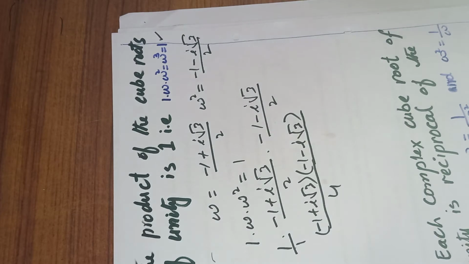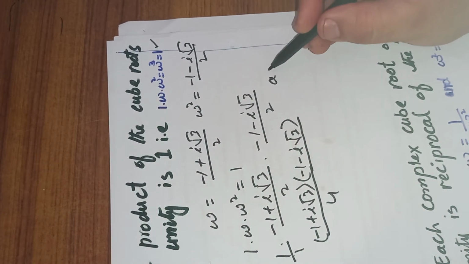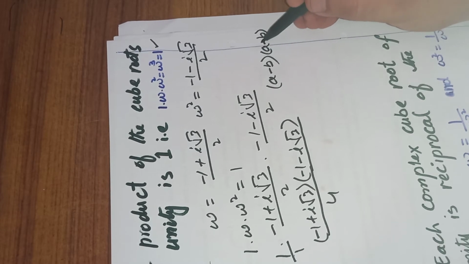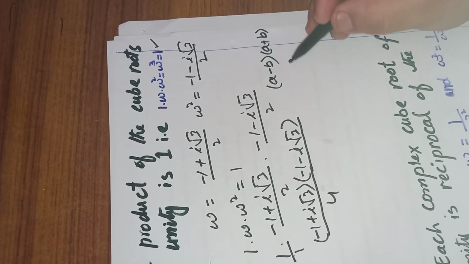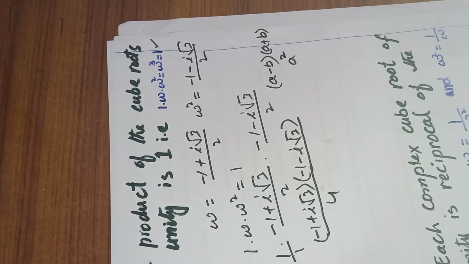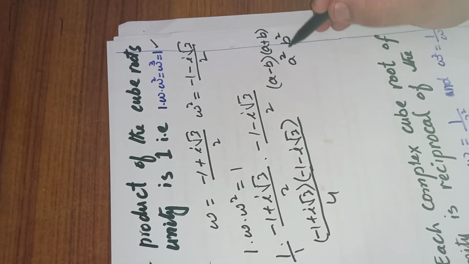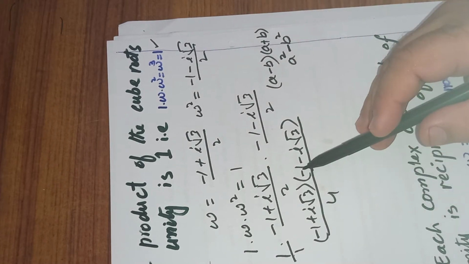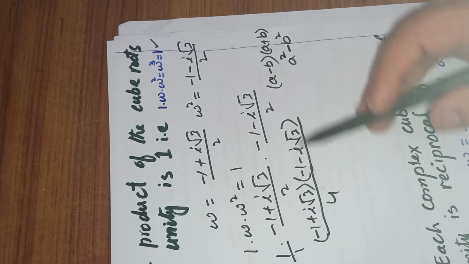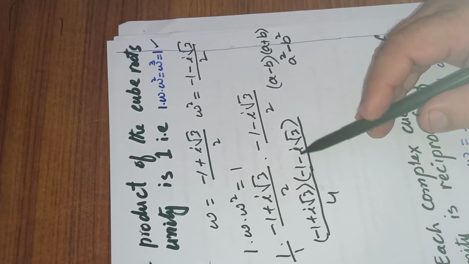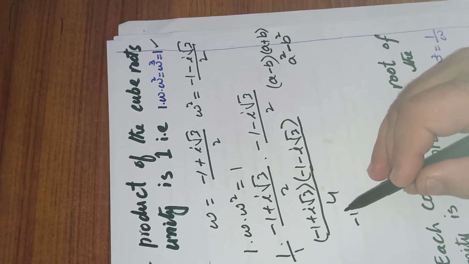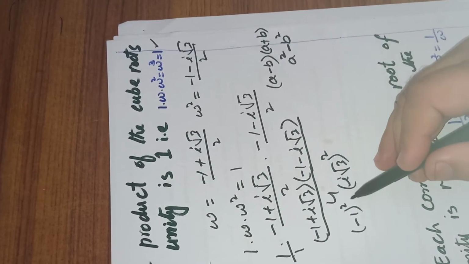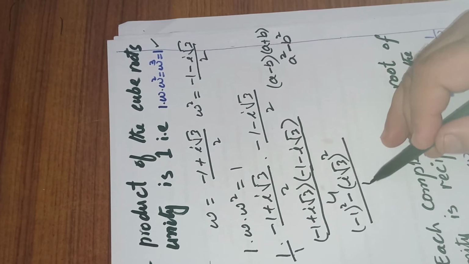This is the situation I discussed earlier. (a + b) multiplied with (a - b), differing only in the positive and negative signs, gives a square minus b square, with a negative sign in between. The same is the case here: both are the same, -1 and i√3, but it is plus here and minus there. So we write both squared, -1 squared and i√3 squared, separated by a negative sign, divided by 4.